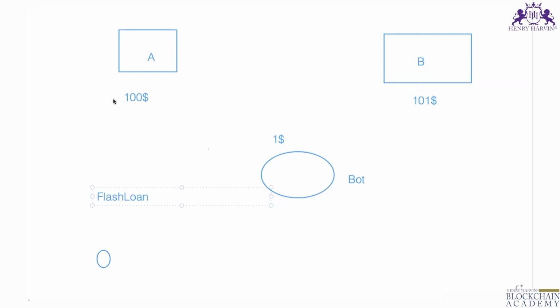Aave is one of the Ethereum pools providing these flash loans. In the normal scenario, how do you get a loan? You need to approach the bank, and there are so many procedures. You use that loan amount to make a profit or for some other work, and after that you need to return the loan. The same scenario is happening over here.